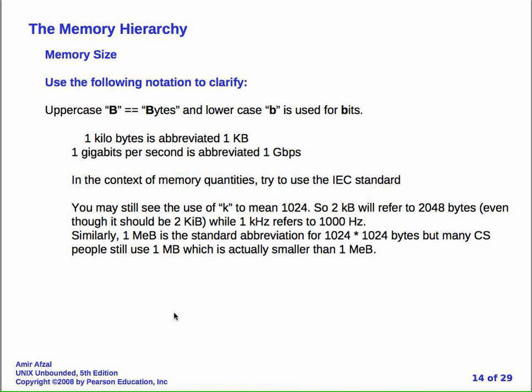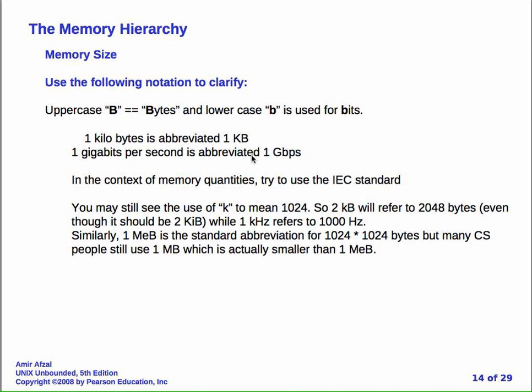Other things to watch out for: when you see the uppercase B for describing units of memory, that refers to bytes. You will also see lowercase b, and that's used for bits. So be aware of that distinction. So one uppercase K, then uppercase B, is 1 kilobyte, which is 1024 bytes.